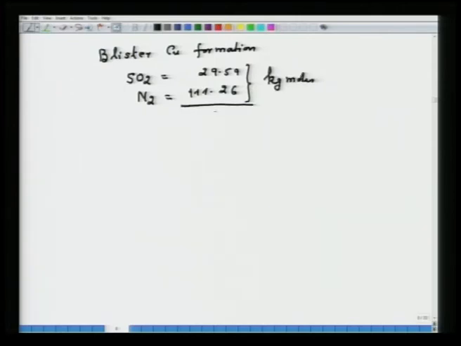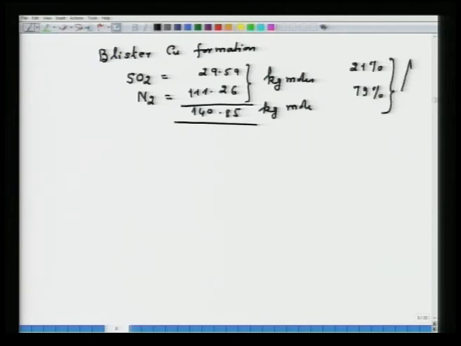The total amount is 140.85 kg moles and the volume will be 140.85 into 22.4 meter cube, and the percentage is 21% SO2 and 79% nitrogen. So, that is the answer for part D.